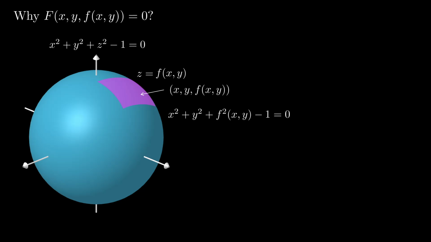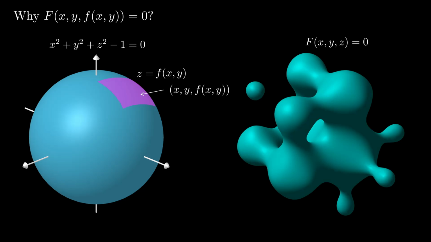They satisfy this equation. Now, what if we have another, different implicit function? The same holds. If I have, for example, this arbitrary implicit surface defined by big F of x, y, and z equals 0, and I have this function of x and y, this pink patch, it has the same coordinates.